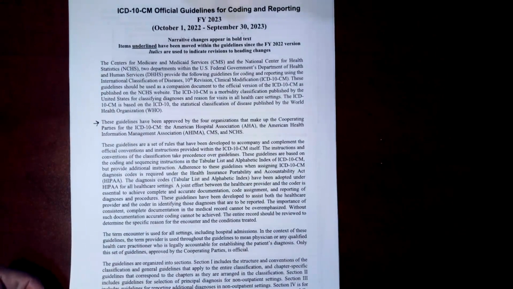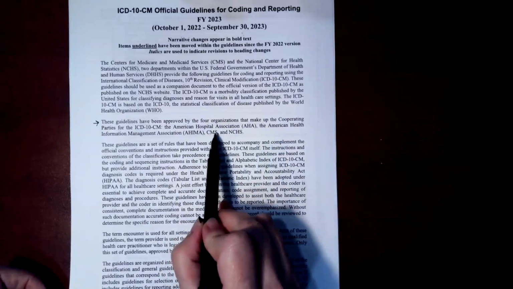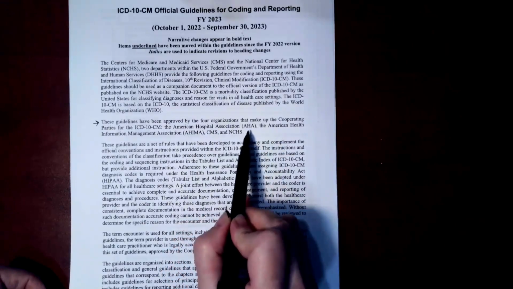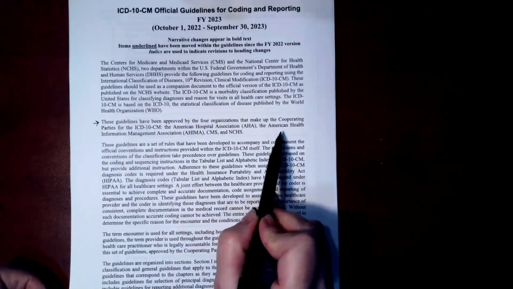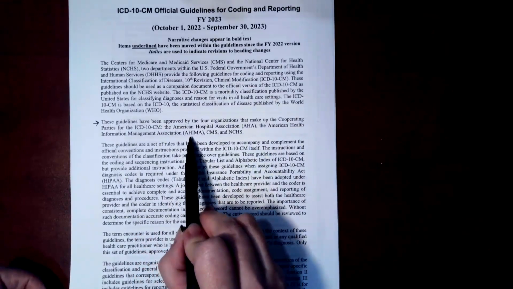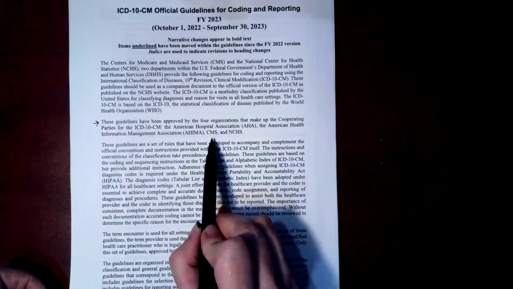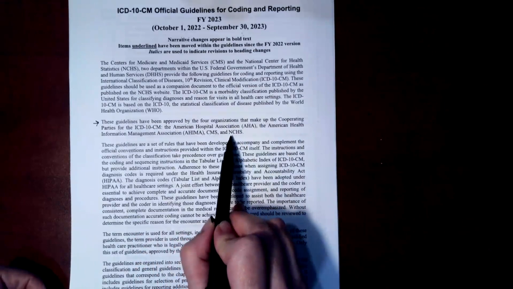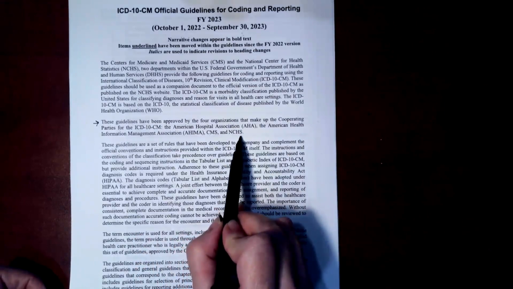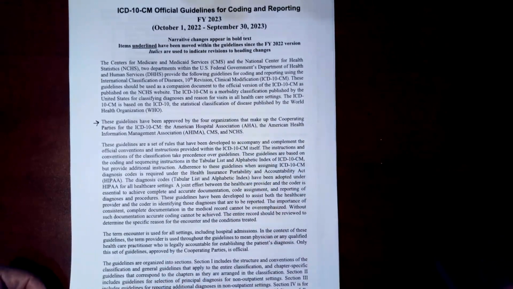So our 4 organizations that make up the cooperating parties are the American Hospital Association, the AHA, the American Health Information Management Association, the AHIMA, CMS, the Centers for Medicare and Medicaid Services, and the NCHS. The NCHS is the National Center for Health Statistics. So they're the ones who review and approve these reporting guidelines.